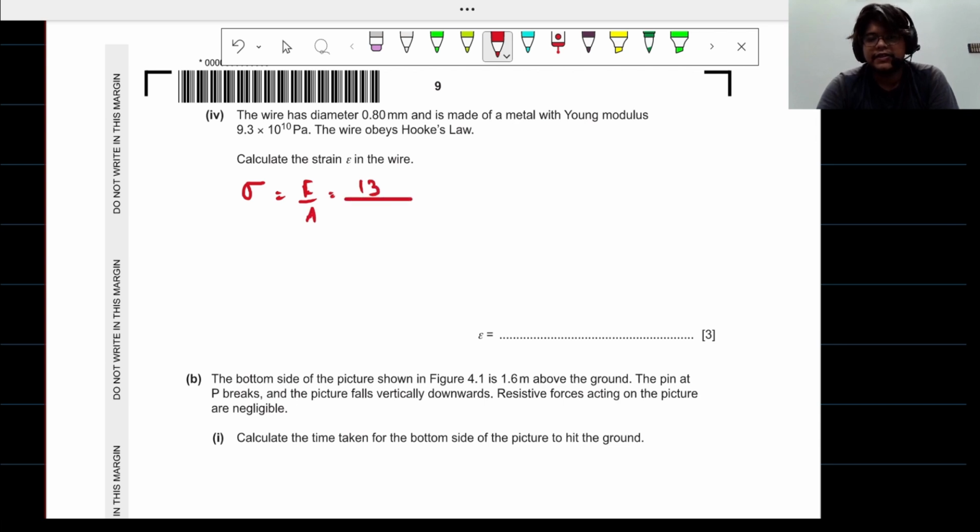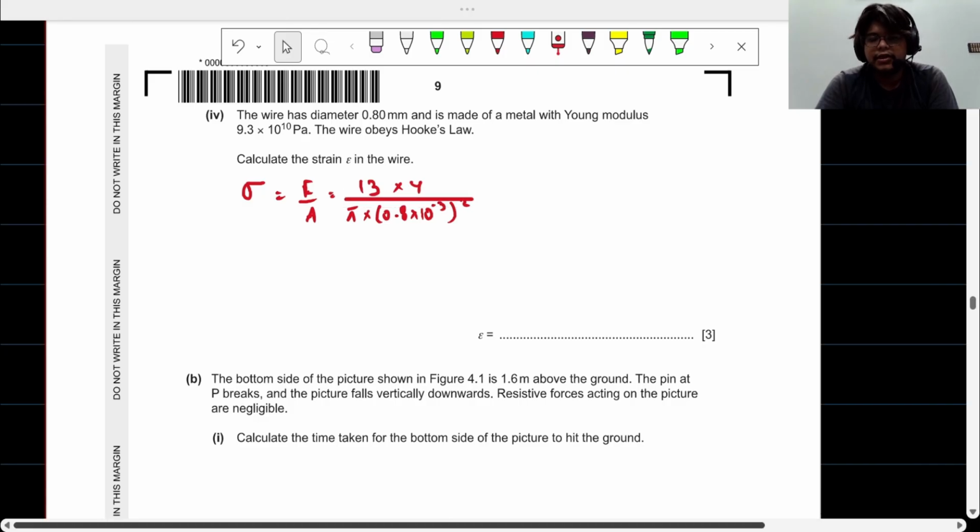Area, we take the wire as cylindrical, so this will be pi d squared over 4. Now the diameter is 0.8 times 10 to the power minus 3, squared, over 4. So this 4 will go up into the numerator. So this is the complete expression for the stress.